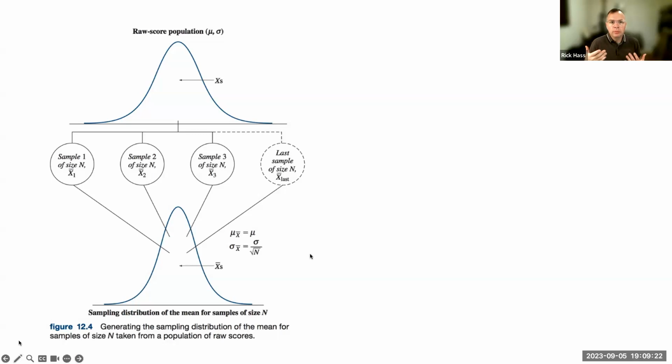So we create this thing in our minds, which we would get if we were to do this over and over again. Draw 100 people from the population, take their IQ scores or cognitive functioning scores, take the mean, write it down. Do it again, write it down.